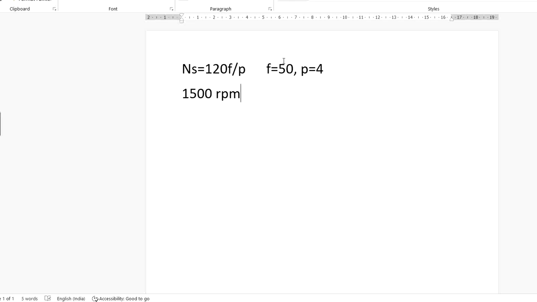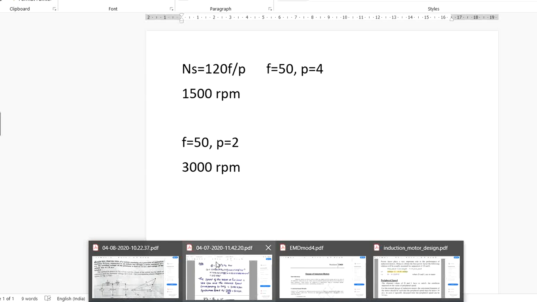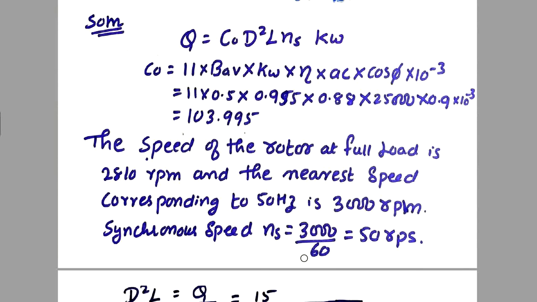In the same way, if f equals 50 and P equals 2, I will get 3000 rpm. So you cannot get values like 2800 or 2100, because P will always be an even number. So they have been chosen like this. So the nearest synchronous speed is 3000 rpm.